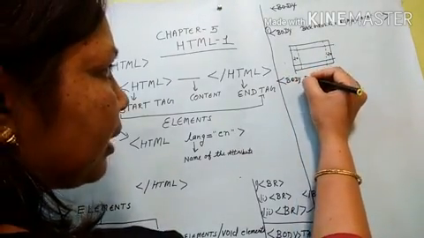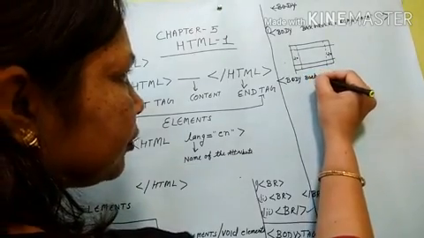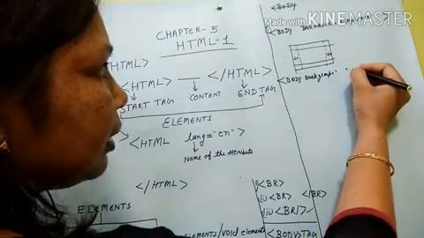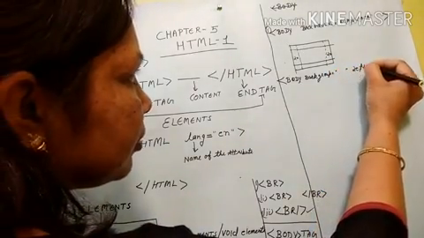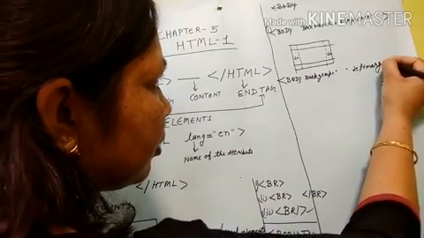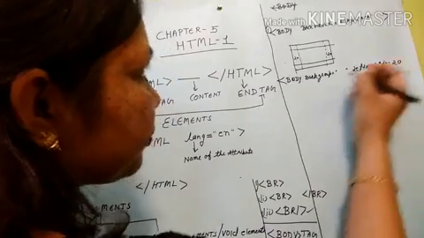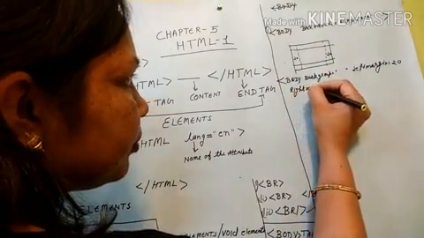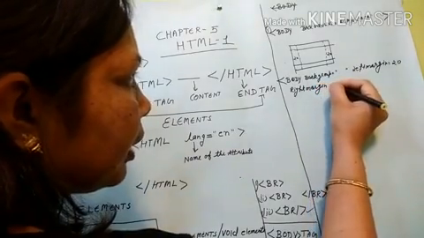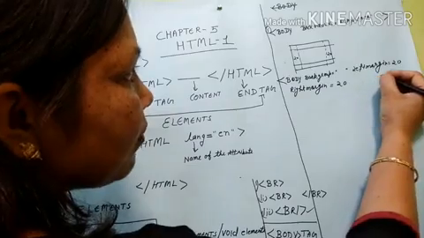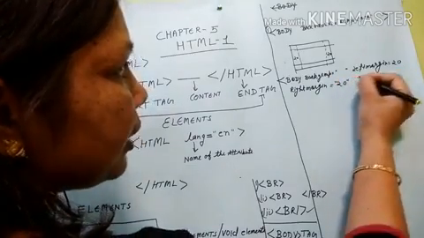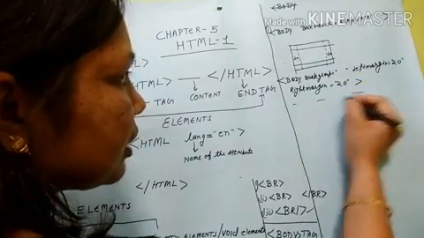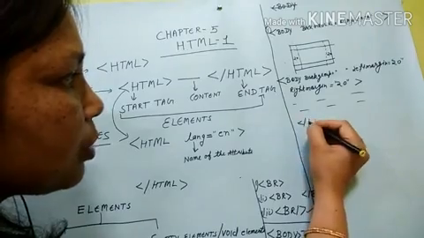I'm starting with background. You can use any of the cases for this. Write it here. Then left margin equals 20. Right margin equals 20. In the same way you can write all those attributes, and then close it. Now you can write the lines in the body part and close the body tag.